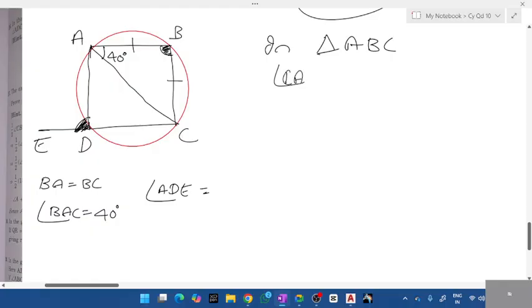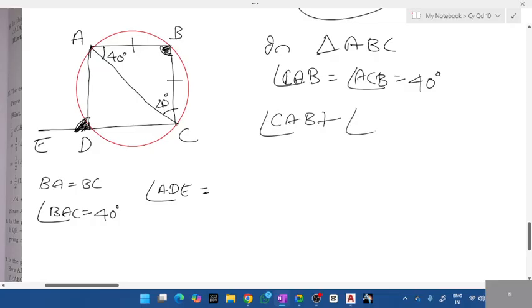And don't write a single angle, students. Write it like this: complete angles. Write angle CAB is equal to angle ACB, that is equal to 40 degrees. These two are 40 each. So therefore, angle CAB plus angle ACB plus angle ABC is equal to 180 degrees.